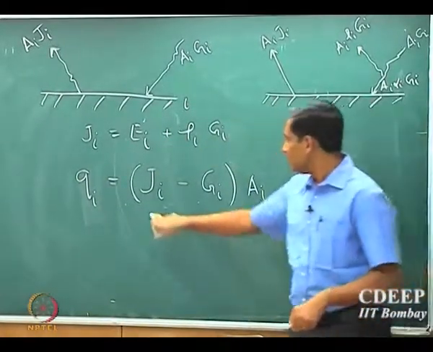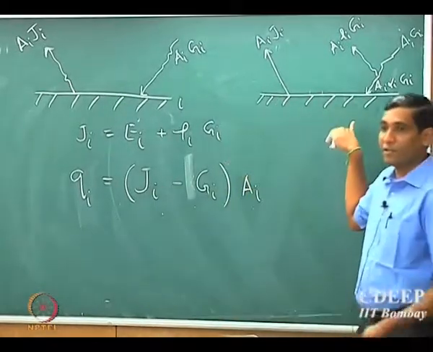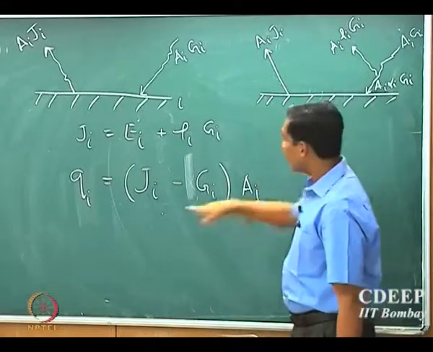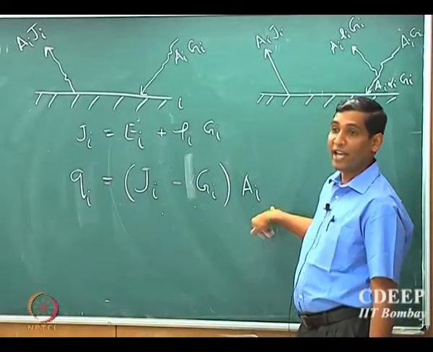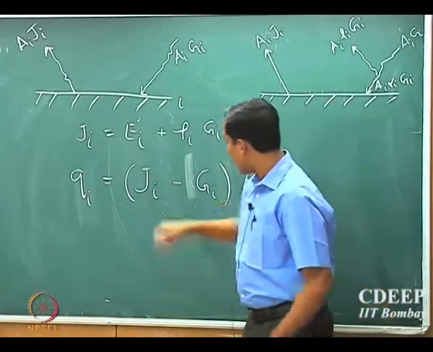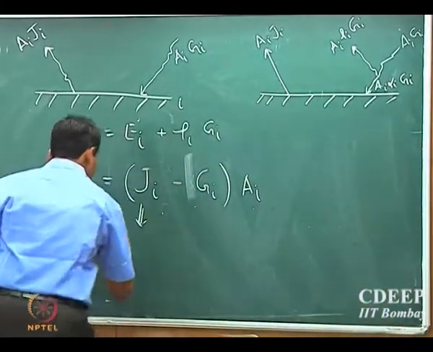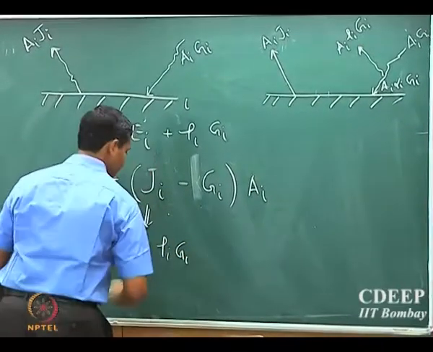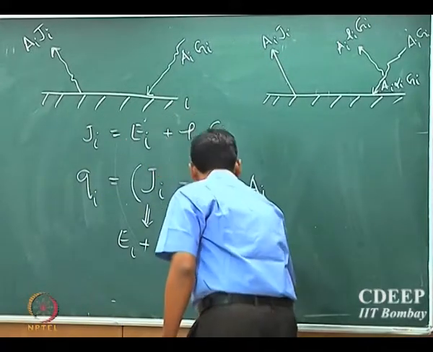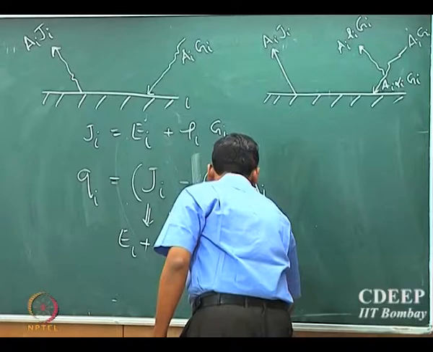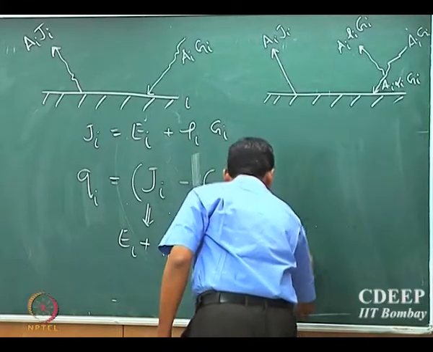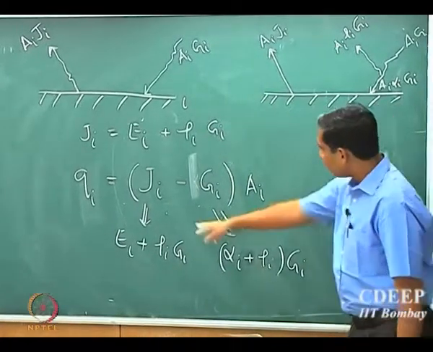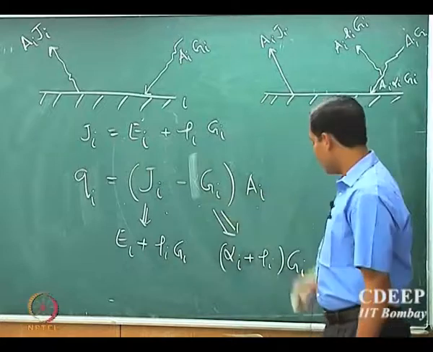Ji already includes reflection, so the net radiation exchange is Ji minus Gi into Ai.